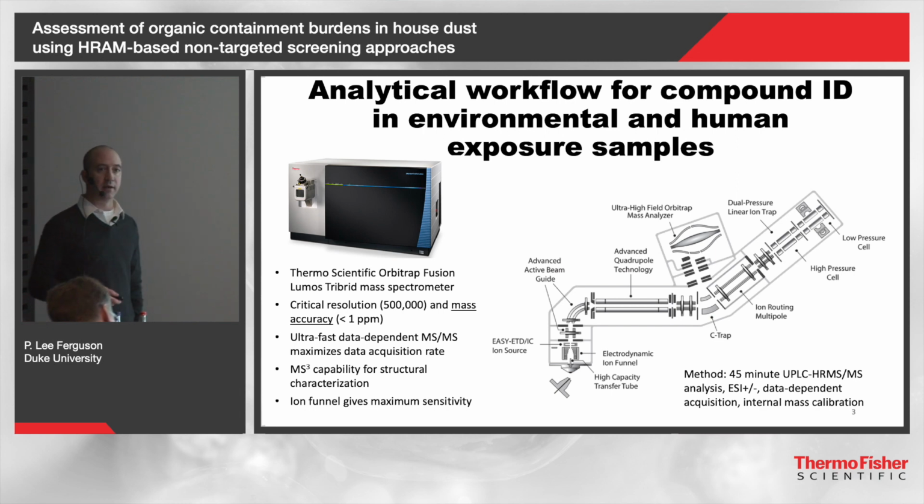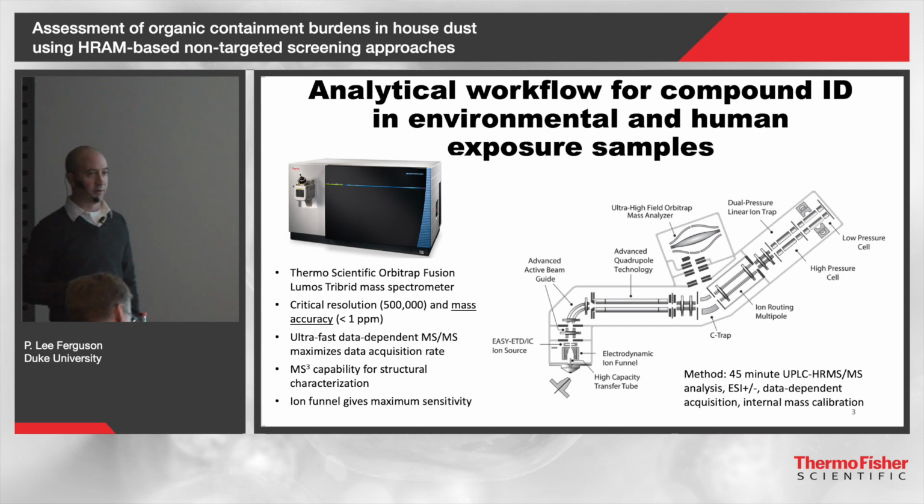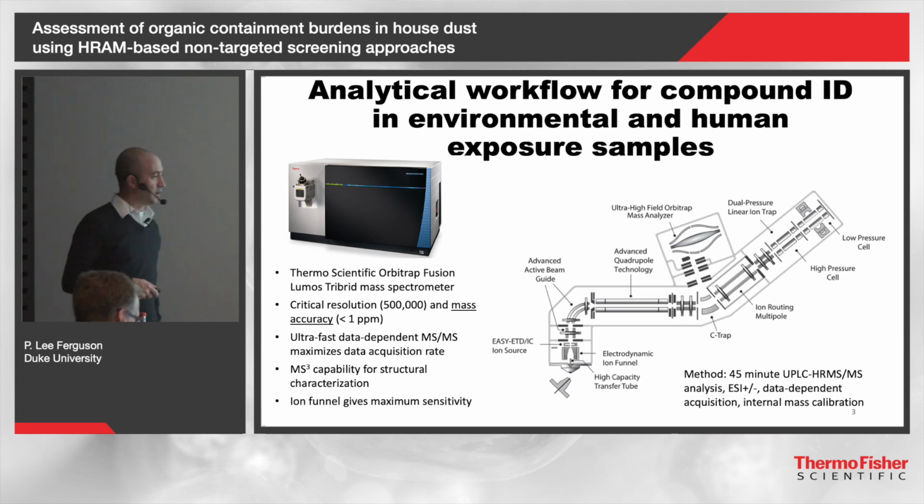We can routinely get less than a part per million mass accuracy without really having to do much, and the critical point is that it's stable over many days. So we can calibrate, set the EASY-IC, and rely on less than a ppm mass accuracy. Also, of course, the MS3 capability and the ion funnel, which you'd also have on the QE HF-X, give really good sensitivity.